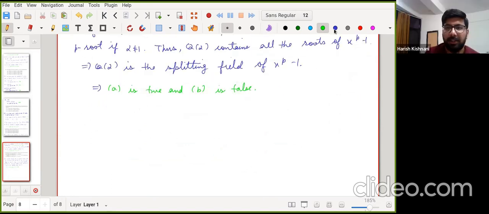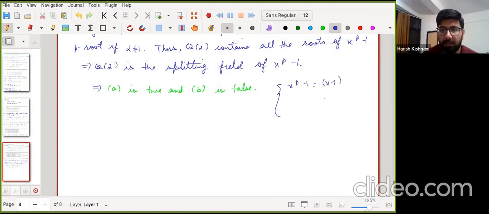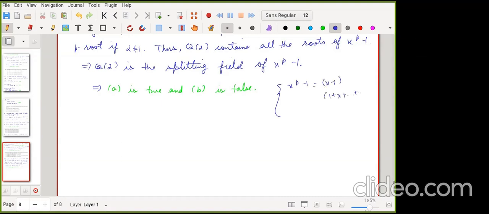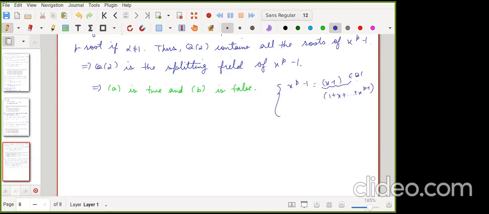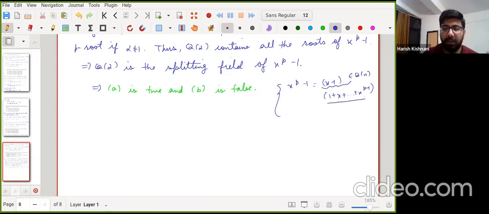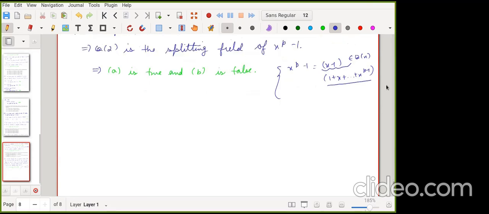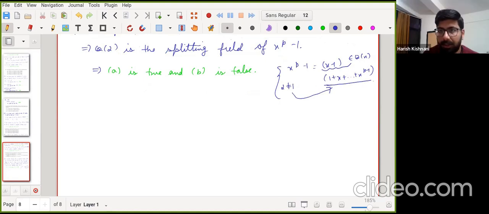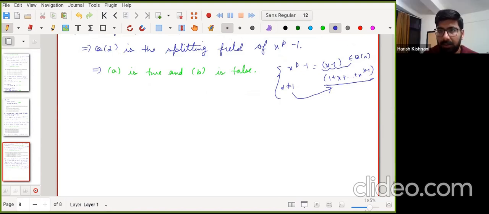I will just give a brief idea and then move to parts 3 and 4. So this is x minus 1 times 1 plus x plus dot dot dot x^(p minus 1). This polynomial is already inside Q[x], so it is not going to play the role, but this one is. We have to see whether this is irreducible or not. If alpha is not equal to 1, then alpha satisfies this polynomial. So now you have to check whether this is reducible or irreducible over Q.